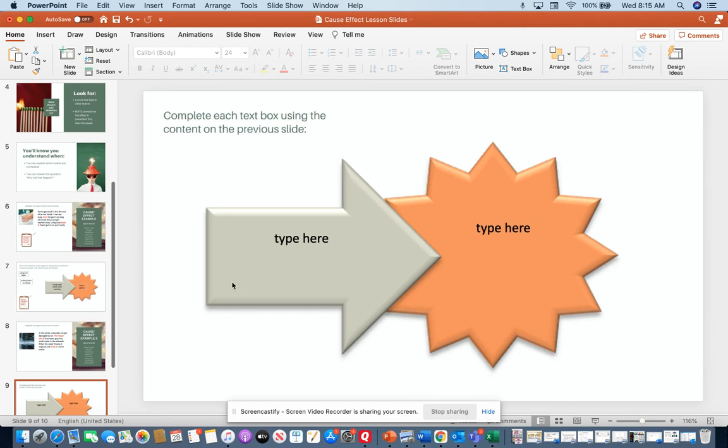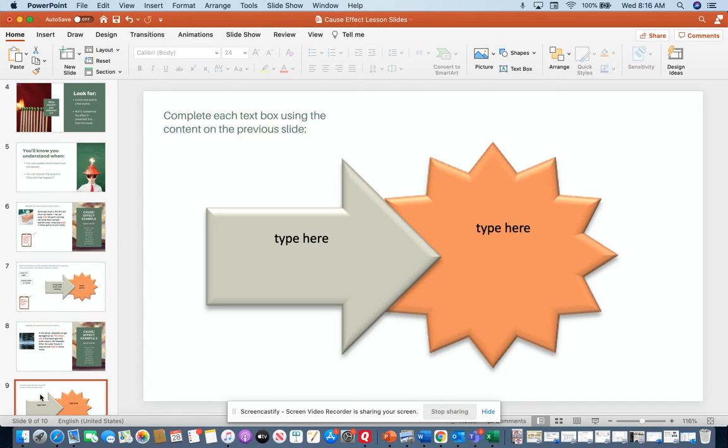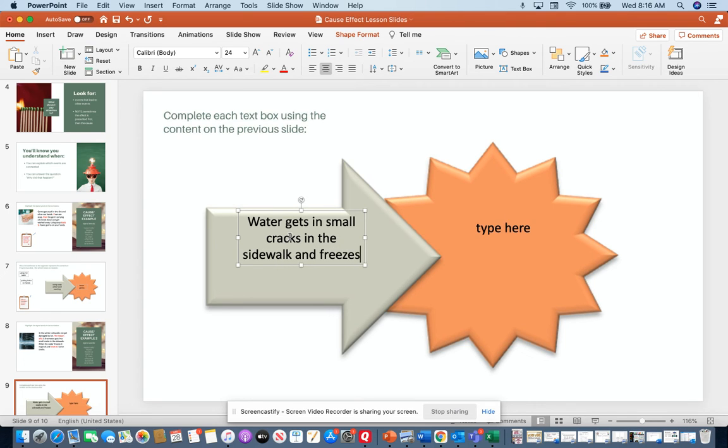So let's look for a cause and effect in this one that we're going to type. So water gets in small cracks in the sidewalk and freezes.